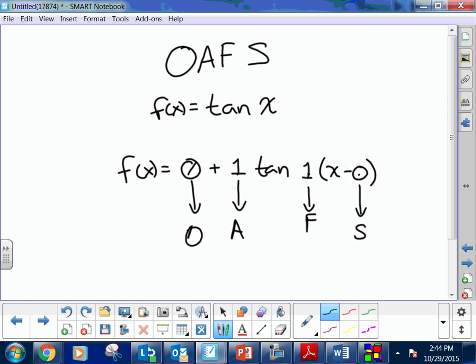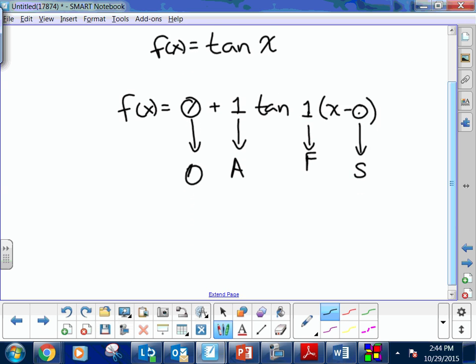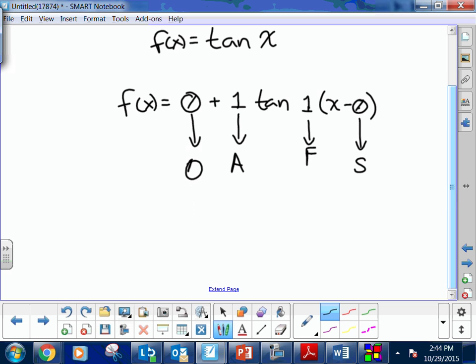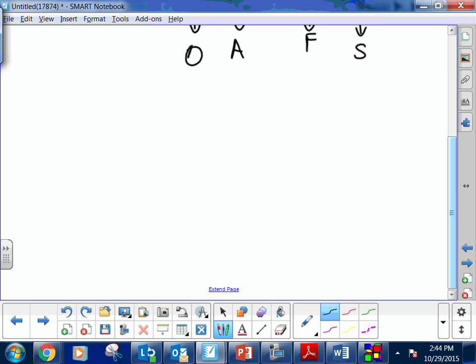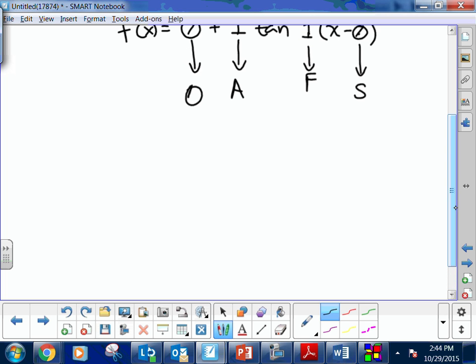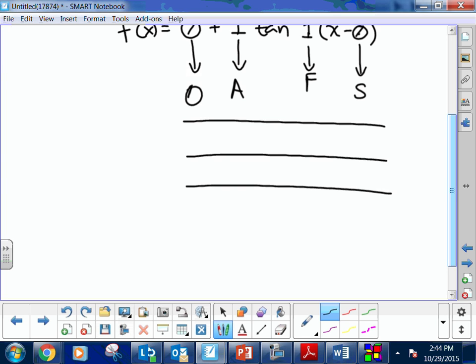So from here, let's do the setup of the 3 horizontal lines. So 3. The 9 tick marks.